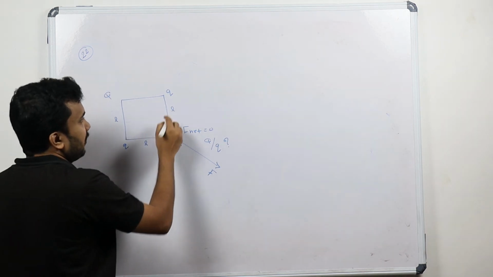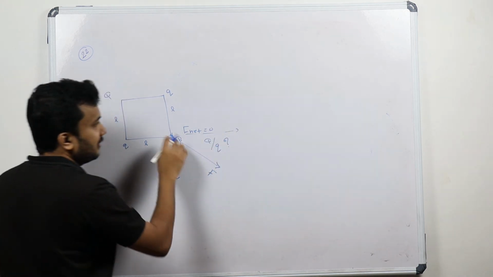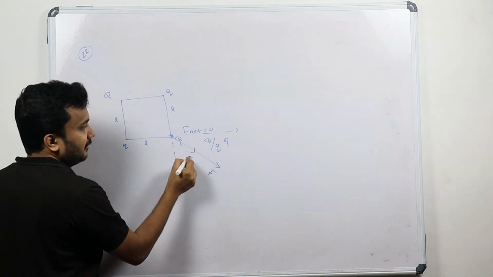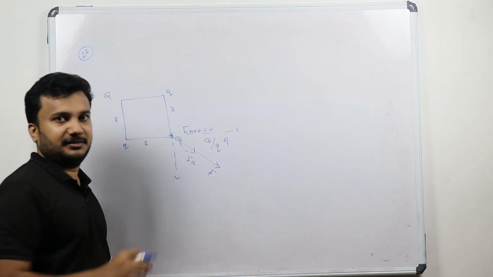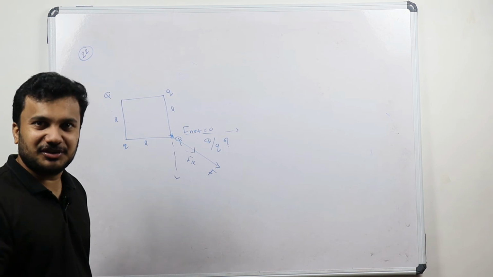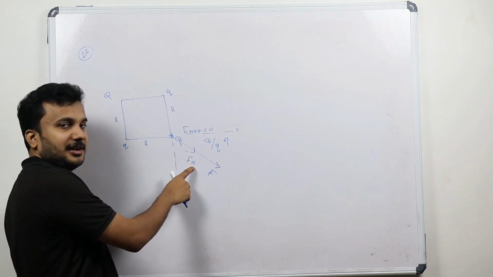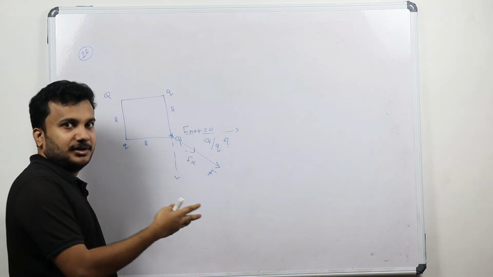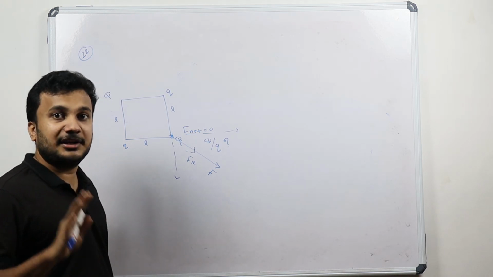They will repel like this, and this will also repel like this, and the resultant force of these two will act like this, Fr. If two forces are acting like this, it will never come to an equilibrium state. Why? One force will be there, F, another force will be there, Fr. Both forces will get added up and give a total force, which means it is not in an equilibrium state.